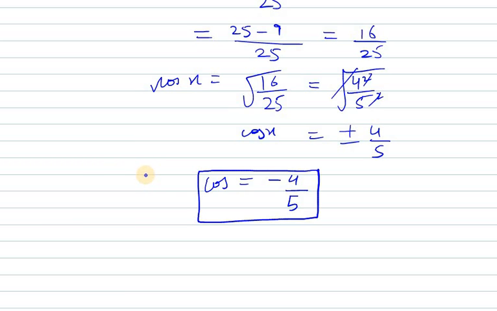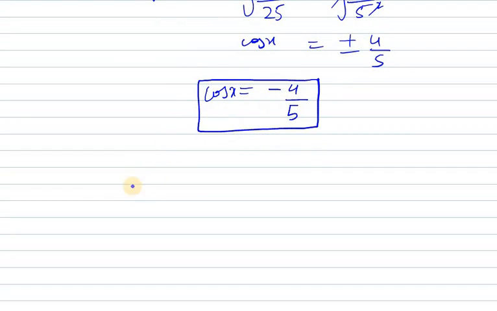So you need to remember that table, or the graph there, so that you can perform these questions. So remember that cos x in the second quadrant is negative. So you need to delete the plus value and take it as negative.